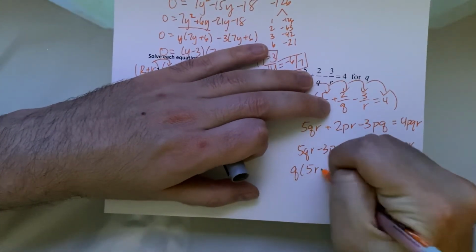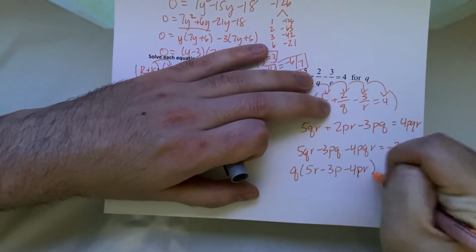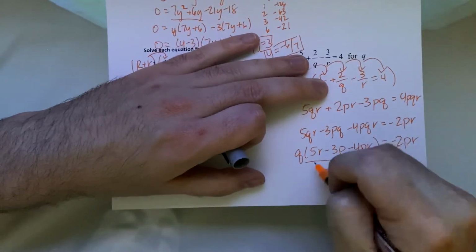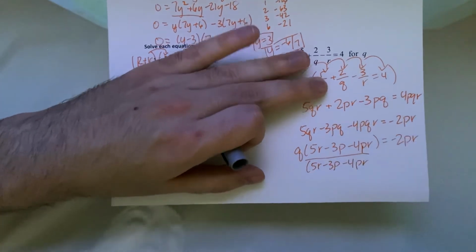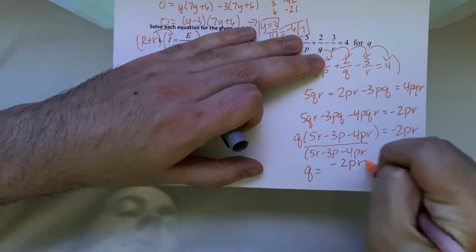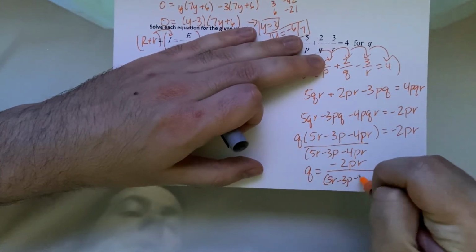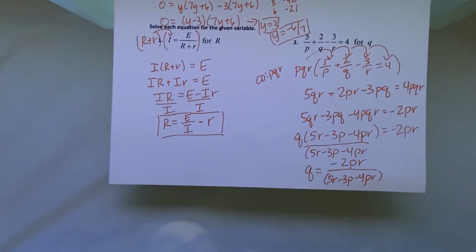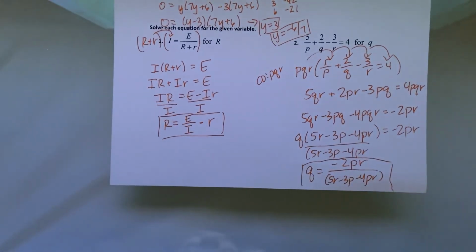So I have 5R minus 3P minus 4PR equals negative 2PR. And then finally divide by this thing, 5R minus 3P minus 4PR. So that q is negative 2PR divided by 5R minus 3P minus 4PR. And again, it's a weird problem, but you can manage it. And this is all for 6.6 and the chapter 6 as a whole.